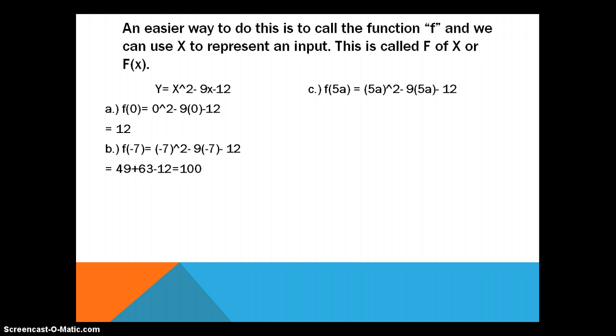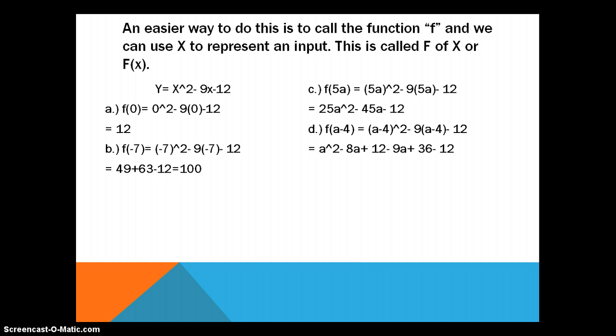f of 5a equals 5a to the second minus 9 times 5a minus 12, so equals 25a to the second minus 45a minus 12. f of a minus 4 equals quantity a minus 4 to the second minus 9 times quantity a minus 4 minus 12, which breaks down to a to the second minus 8a plus 16 minus 9a plus 36 minus 12.